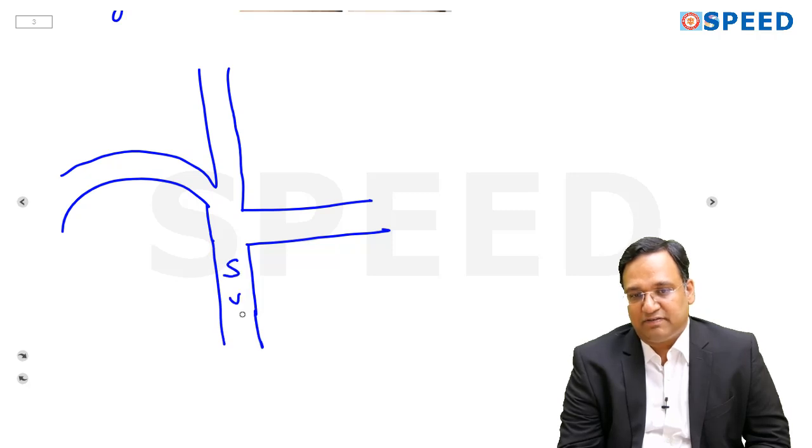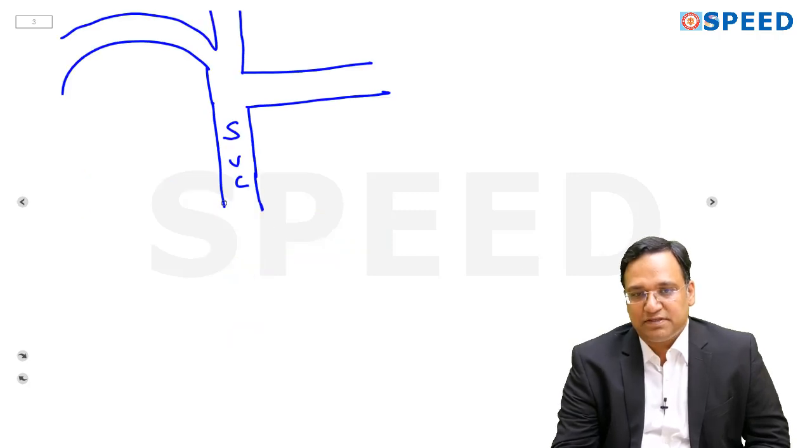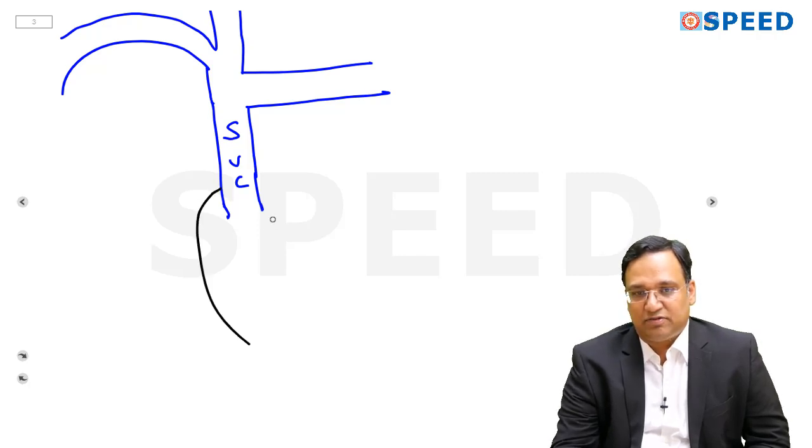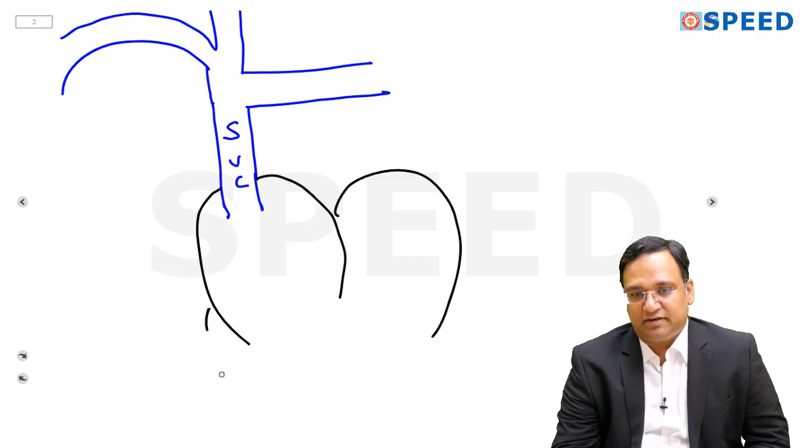It opens into the right atrium of the heart.